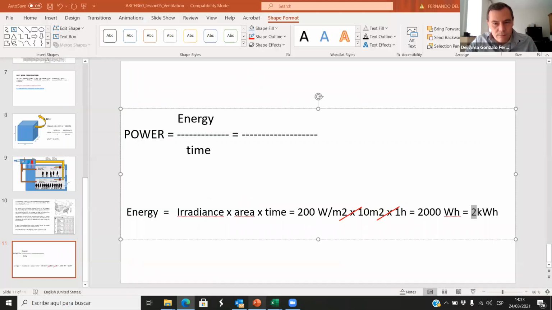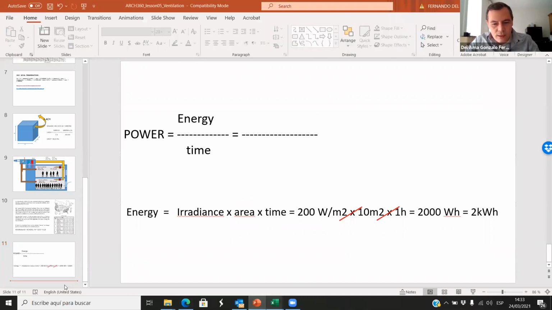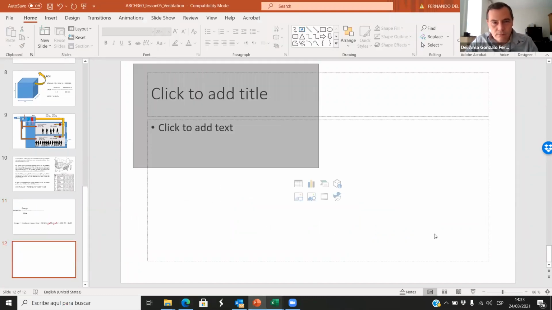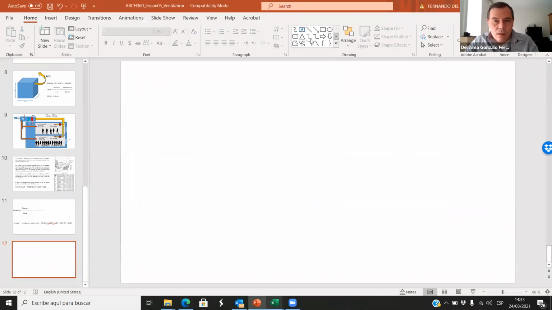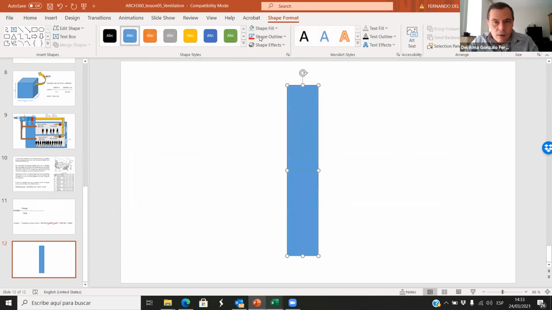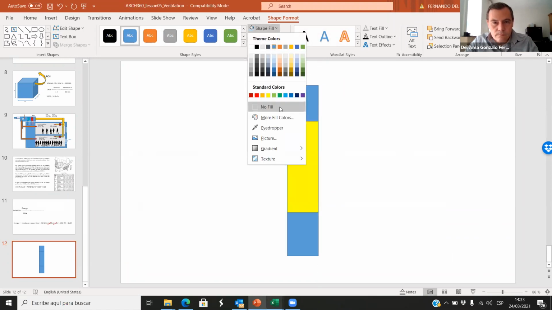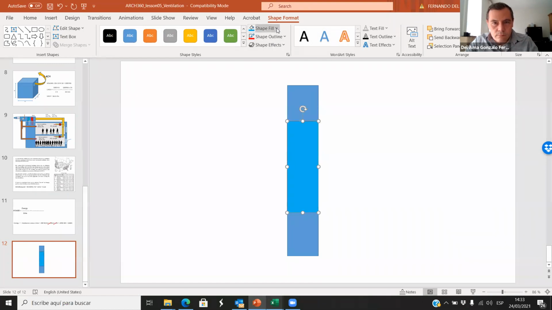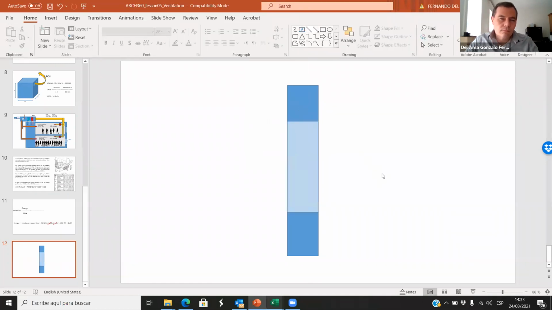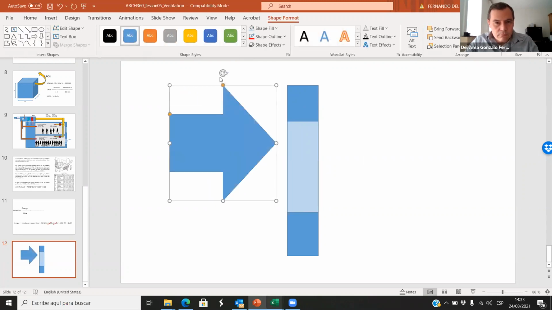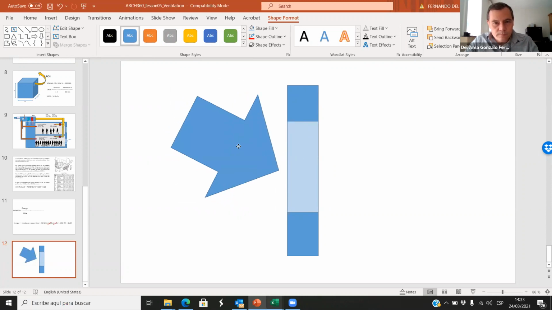Okay, so the solar heat gain, if we have a window, if there's a wall here with a window, and here we have the sun, the sunlight.